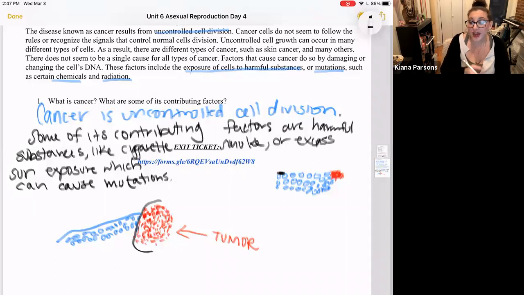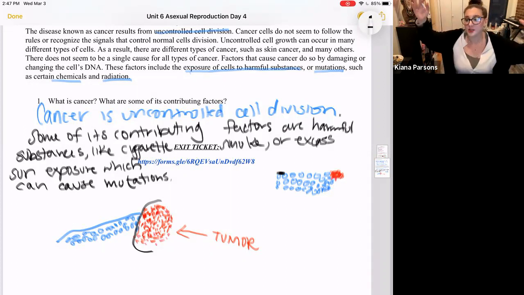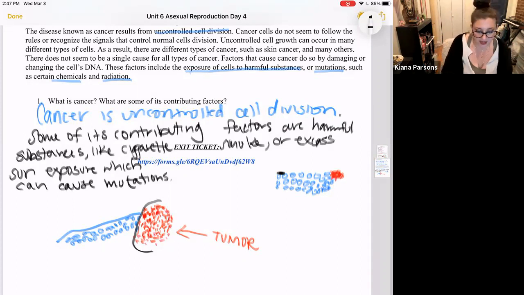So a cell that actually becomes cancerous has a mutation that was caused by some sort of exposure in the environment, usually, or potentially genetics. And once this mutation occurs, the cell is unrestrictedly replicating itself. It's not forming healthy tissue, it's forming instead, like we said, a tumor.